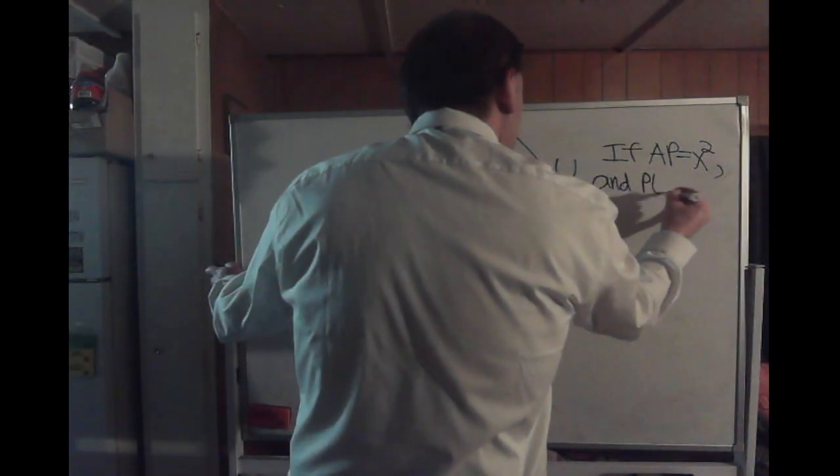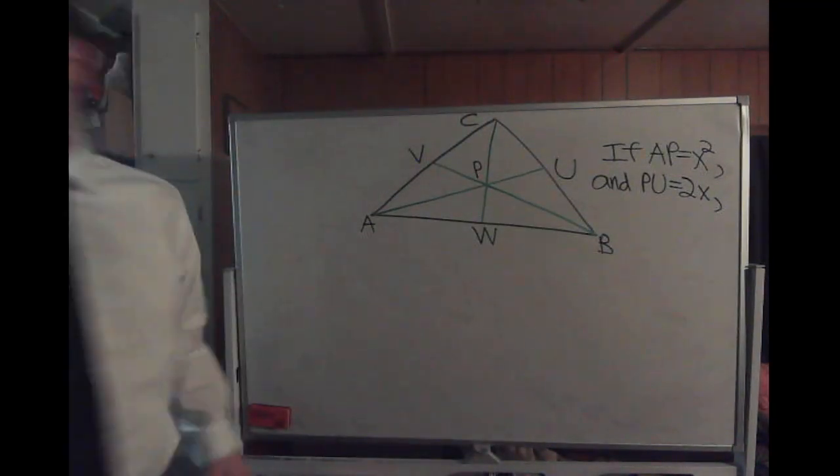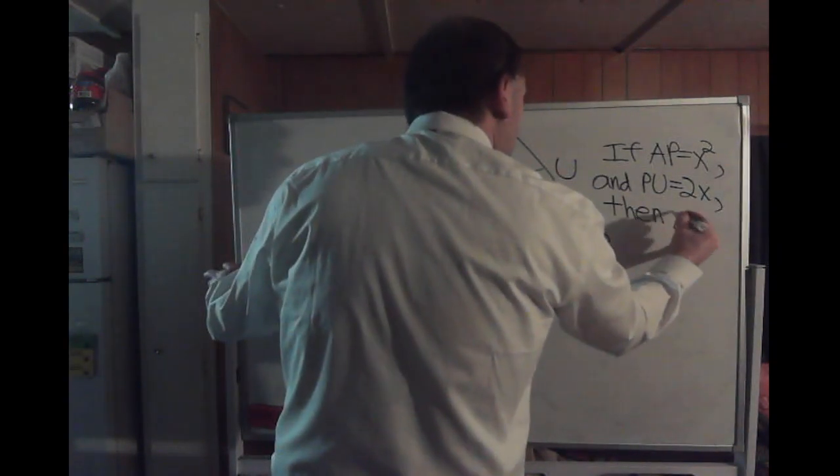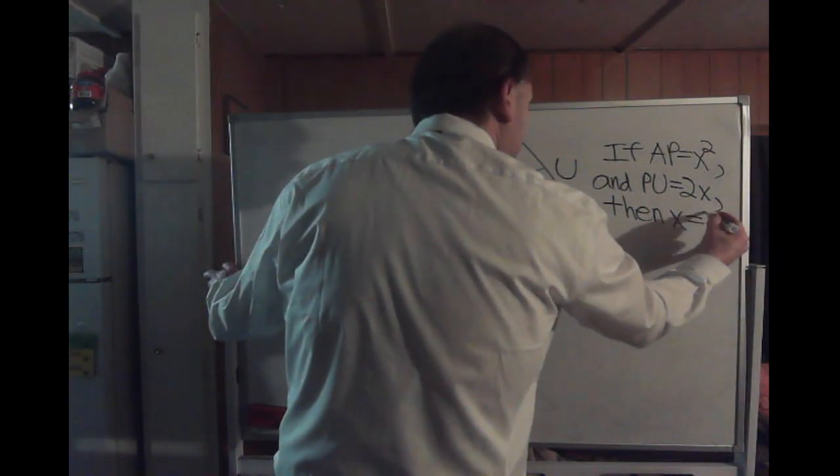If AP equals x squared, and PU equals 2x, then x equals, good news is we only got to solve for x.